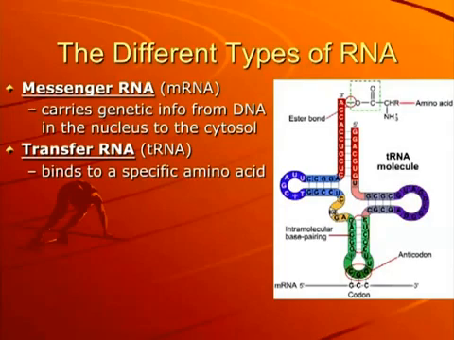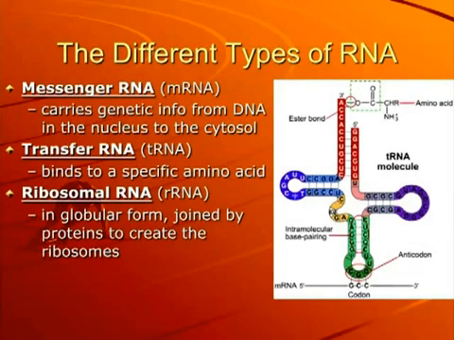So the transfer RNA is required to make sure that the correct amino acids come and form the correct proteins. And then the last one, ribosomal RNA, is the RNA that is found in the ribosome, and it basically reads the messenger RNA in order to make a protein. So each one of these different types of RNA has a specific function in the cell.